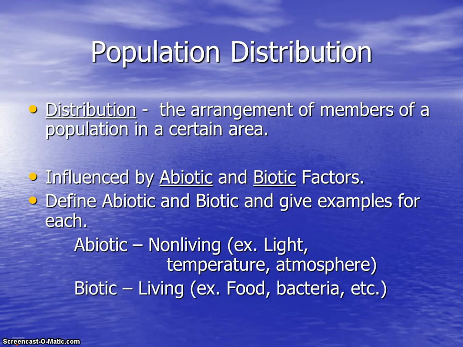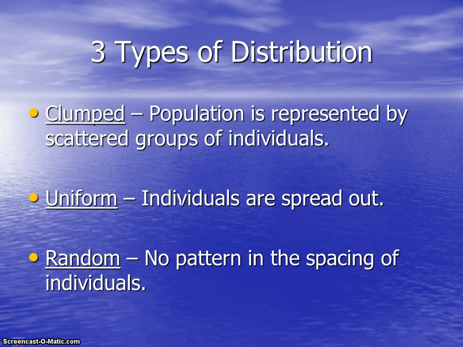Biotic factors would be anything living in that particular area or habitat that can influence distribution, like the amount of food available, or bacteria that cause diseases. So anything that would be considered living would be biotic. So abiotic and biotic factors have a big influence on how populations distribute themselves in a particular environment.